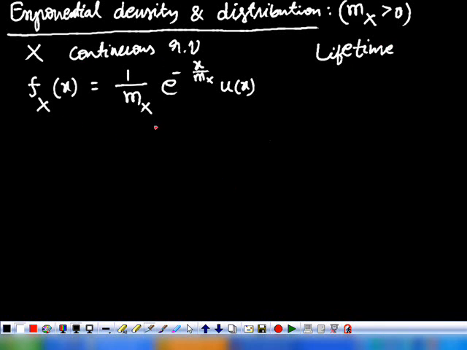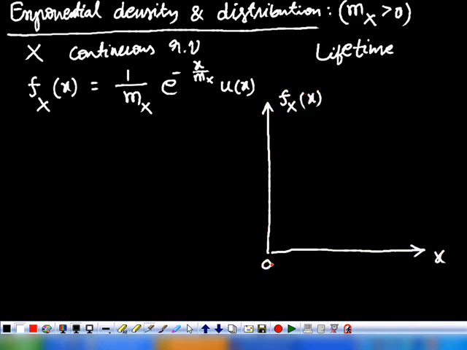And this is the corresponding density function, and you can easily plot this because you might have encountered the one-sided exponential and two-sided exponential like this. So this is a one-sided exponential function. This can be plotted as a function of x. So obviously it is 0 for x less than 0.